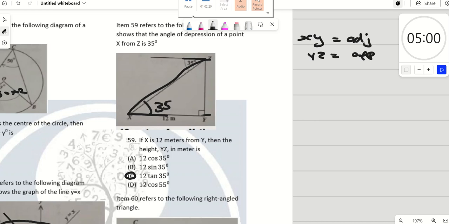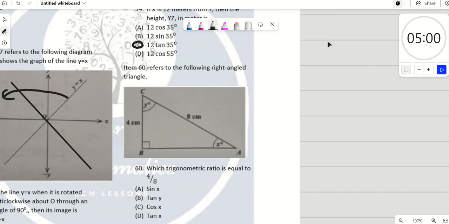We're looking for a formula that has adjacent and opposite. That's tan. tan 35 would be opposite over 12. You make opposite the subject, you carry across the 12. So your opposite is 12 tan 35, which is C. Right?